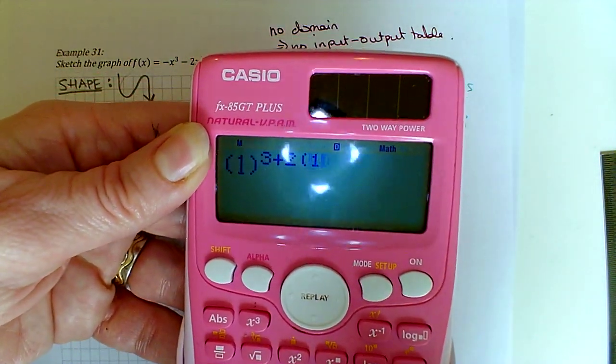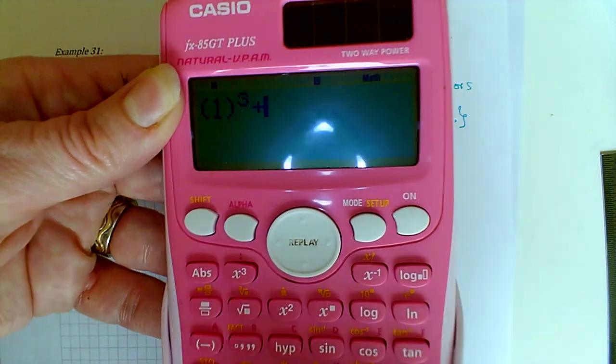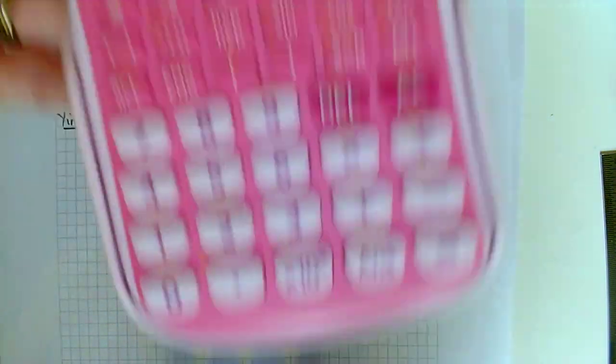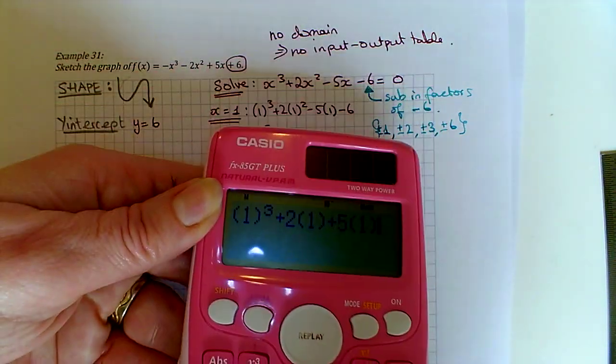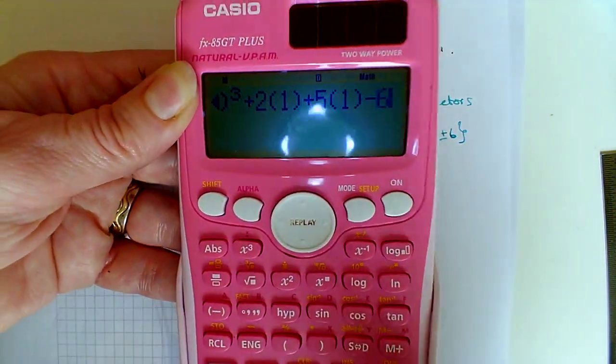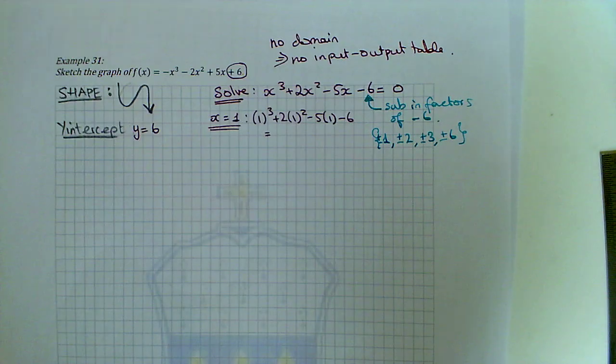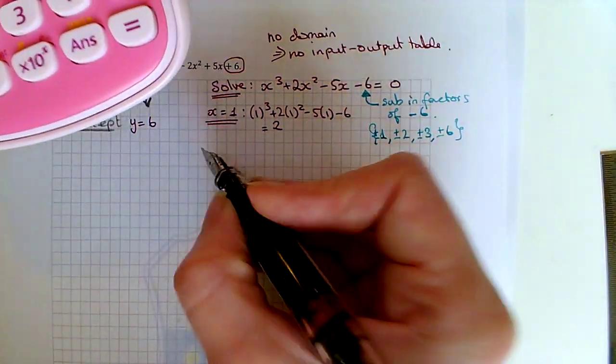Oh, I'm doing it all in the power by accident. 2 by 1 minus 5 by 1 and minus 6. Okay, so that gave me 2, and that's not a root.